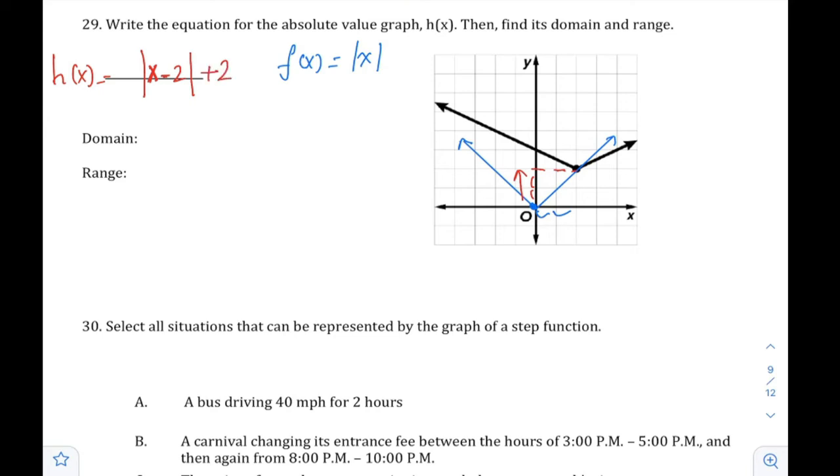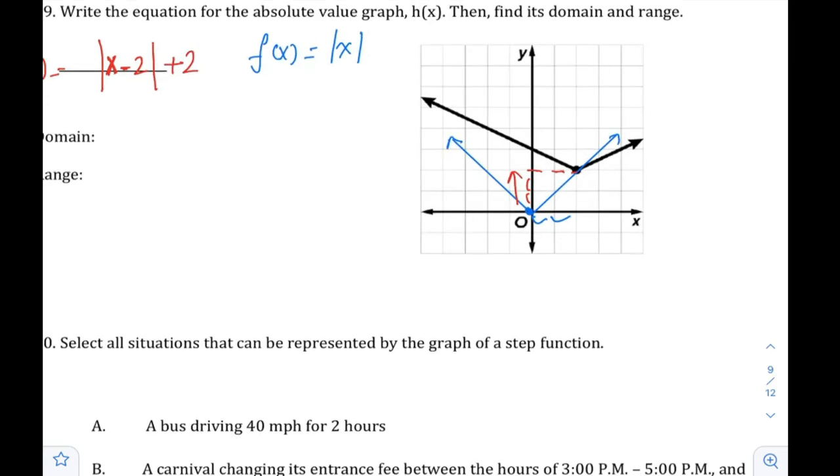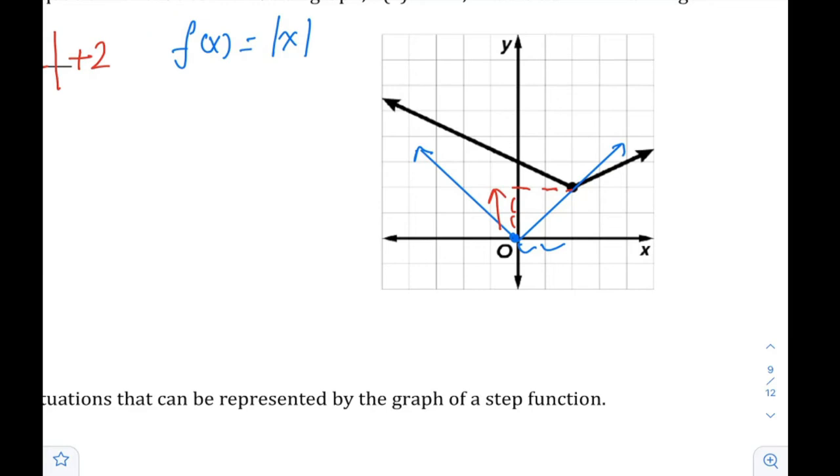Now the last step, we have seen that it's not reflected, it is opening up still, so we will not put minus. Now the last step will be finding the slope. The slope can be found by taking 2 points on any portion. I'll take this point and this point. The rise here is 1, the run is 2.